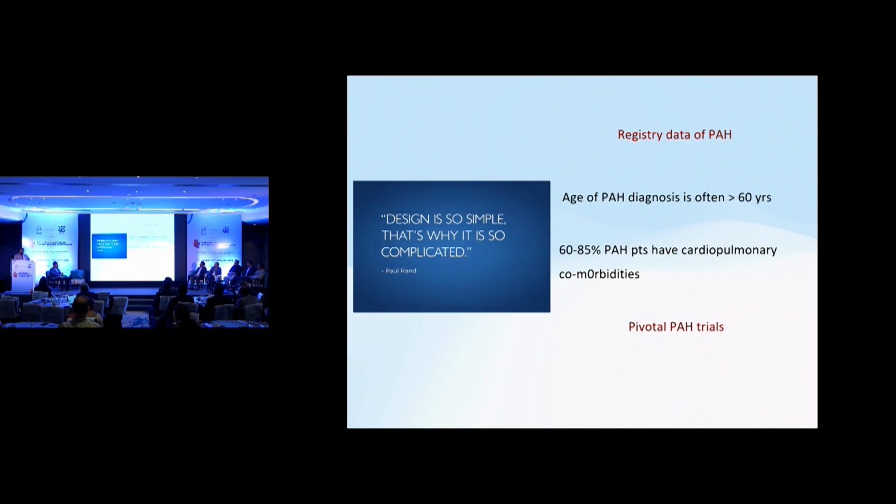Not only this, most of the pivotal PH trials excluded the patients with cardiopulmonary disease. And you know what was the extent of those diseases in those patients? Almost 50%. So there is a huge number of PH patients who have both cardiac and lung disease.